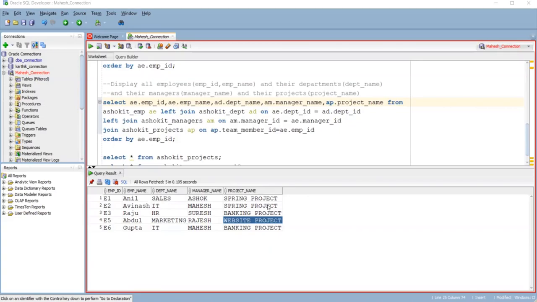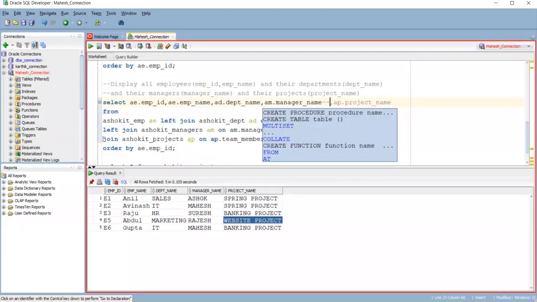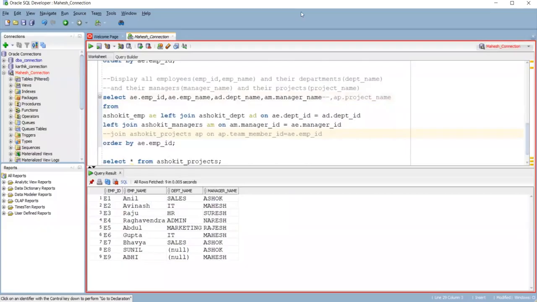Okay. So before joining this table, let me check something. Before joining this column and before joining this table, we got 9 employees, correct or not? Before joining this condition and before selecting the project's name column, we got 9 employees' information, which is the expected result.